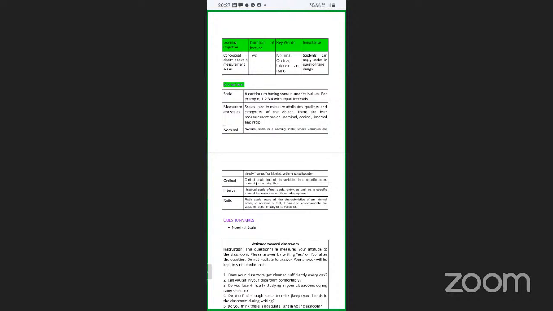So that is the continuum. And when we assign some numerical values on the continuum, then it becomes scale.